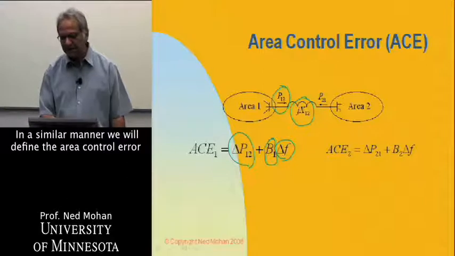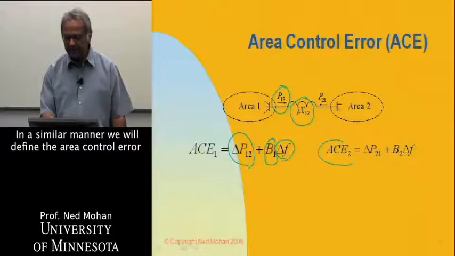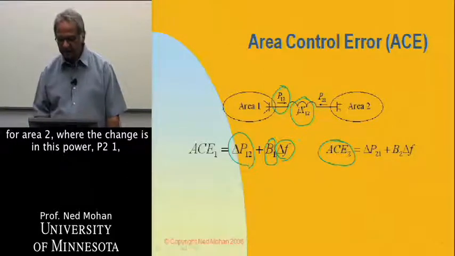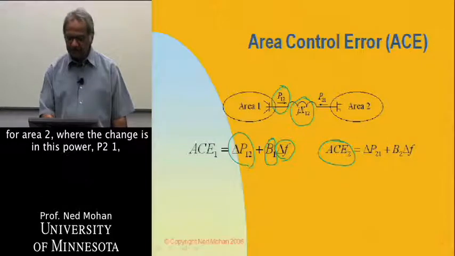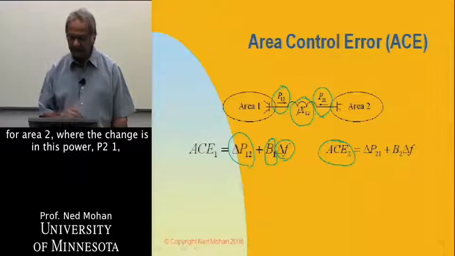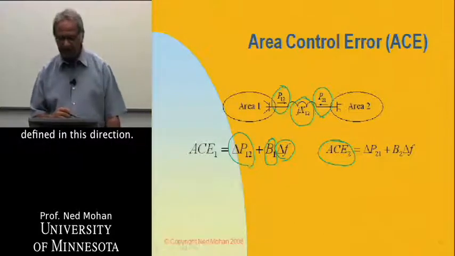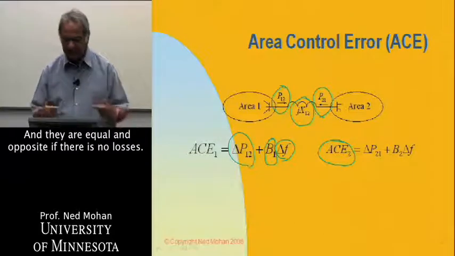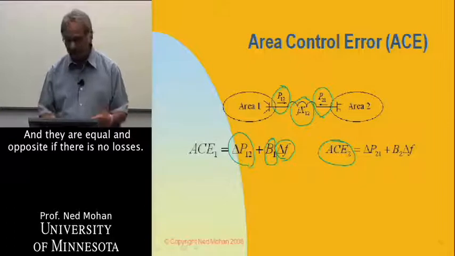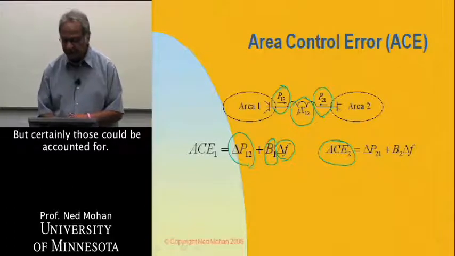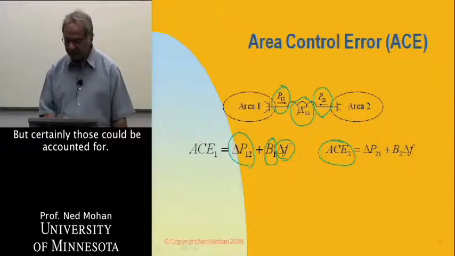In a similar manner, we define the area control error for area 2, where the change is in this power, P21, defined in this direction. They are equal and opposite if there are no losses, but certainly those could be accounted for.